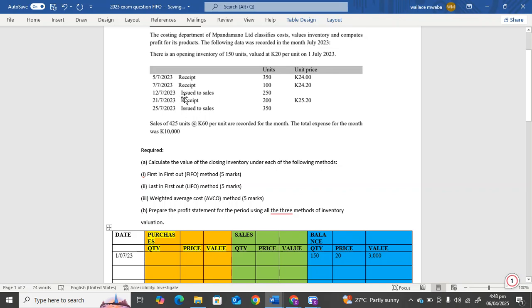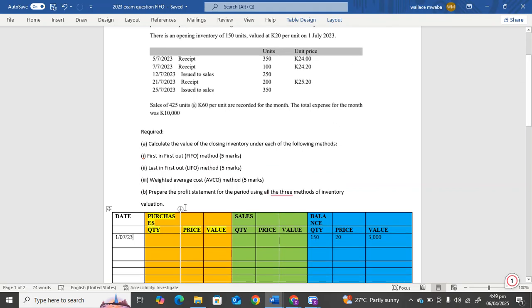Then we come to these transactions here. On the 5th of July, we bought 350 goods, each valued at 24 kwacha. So 350 times 24 is 8,400.